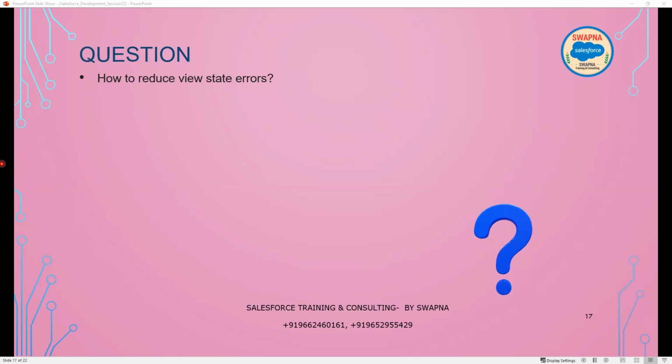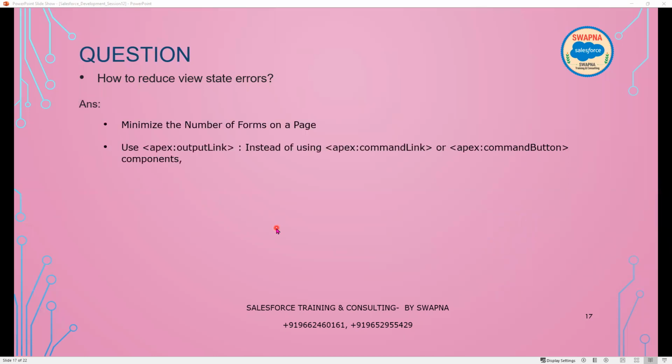Avoid command link; use output link instead. Limit the forms, so minimize the forms on the page. Use apex:outputLink instead of command link or command button. And the second one is to reduce the number of records displayed on the page.